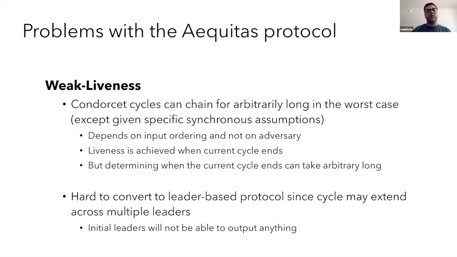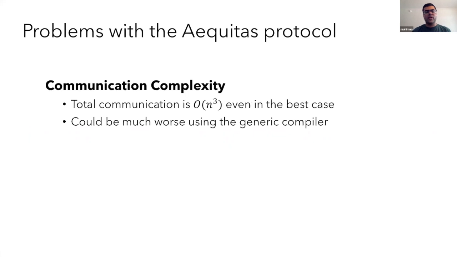It does depend on the input ordering and not on the adversary, but basically determining when the current cycle ends can take arbitrarily long. So it's hard to convert this to a leader-based protocol that's efficient, since a cycle may extend across multiple leaders and initial leaders will not be able to output anything. The other problem was the communication complexity, even in the best case, was cubic, which could be even worse if we're using the generic compiler.